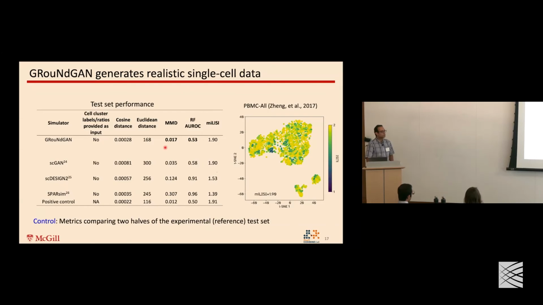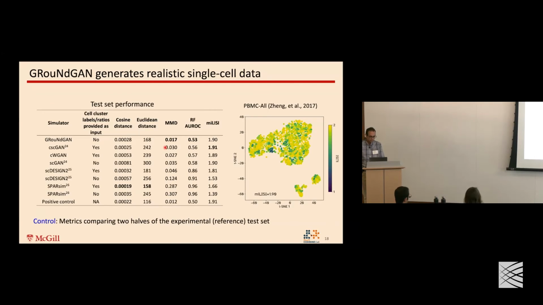Then we also wanted to see how we compare against these models or variations of them when they do receive cell type information. So here, for example, we have conditional scGAN, conditional WGAN, scDesign2 and SPARSim, where this kind of cell type information is provided.